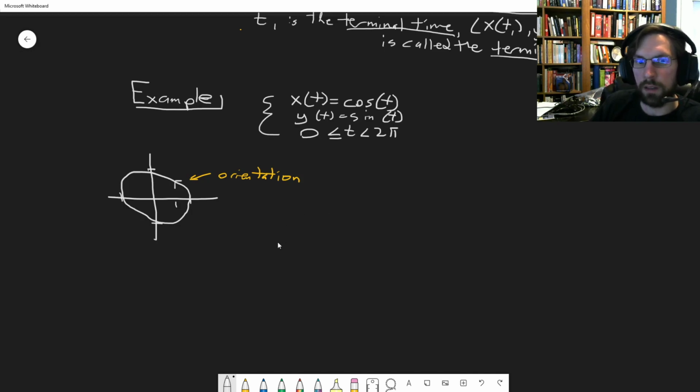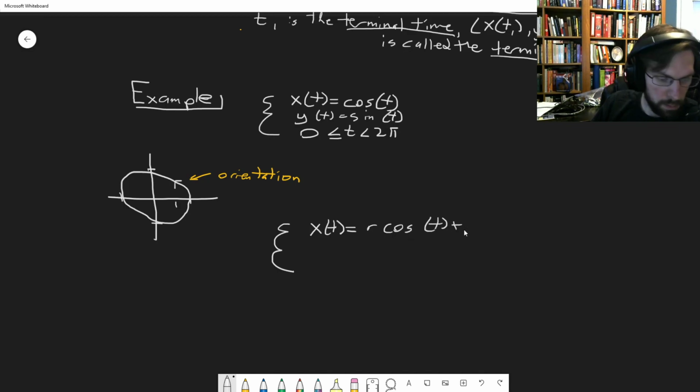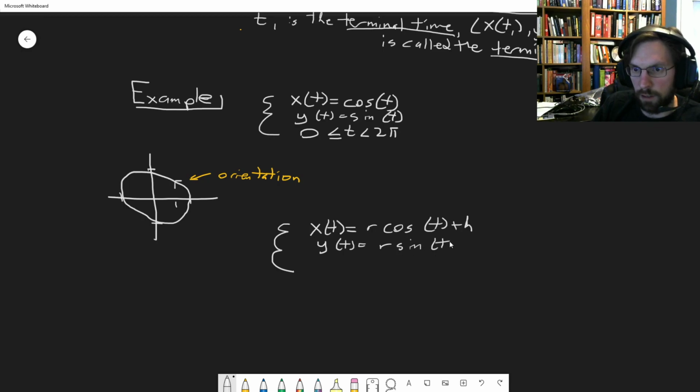Okay, we can change our circle ever so slightly to come up with a slightly different example, or make it slightly more complicated. If we were to change this to now x of t is equal to r cosine t plus h, y of t is equal to r sine t plus k, and we'll still go from t between 0 and 2 pi.